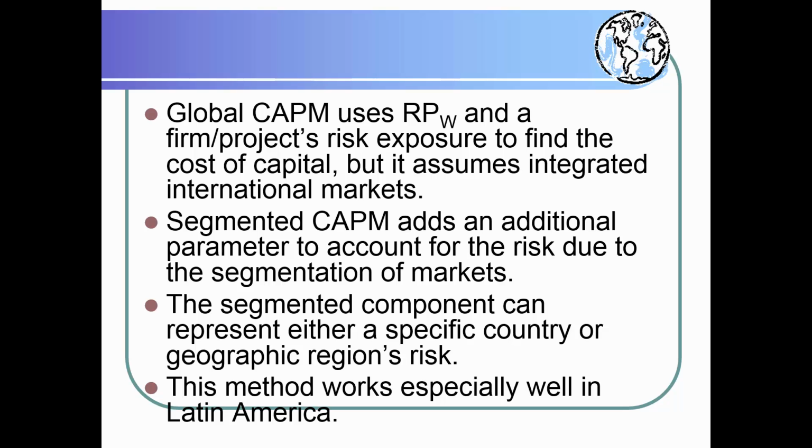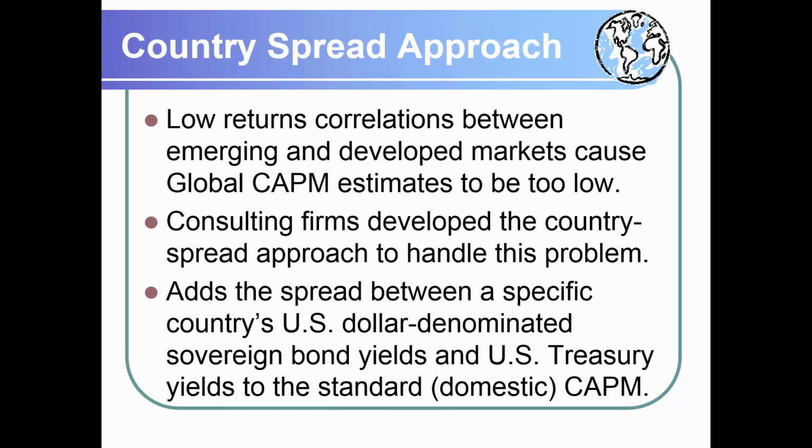So if we are talking about a segmented market, there is some additional risk and we have to incorporate that in our analysis. The segmented component can represent either a specific country or geographic region's risk, and this method works especially well in Latin America. Okay, now that's one way to do that.